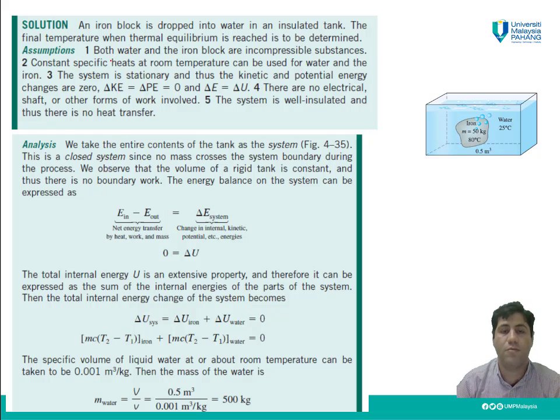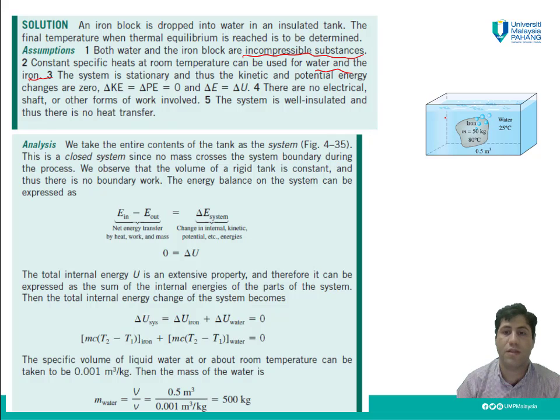First, let's see what our assumptions are. Assumption number one is both water and iron block are incompressible substances. As you know, we can make this assumption. Assumption number two, constant specific heat at room temperature can be used for water and iron, which we can also assume, according to what I told you about incompressible substances. The system is stationary.